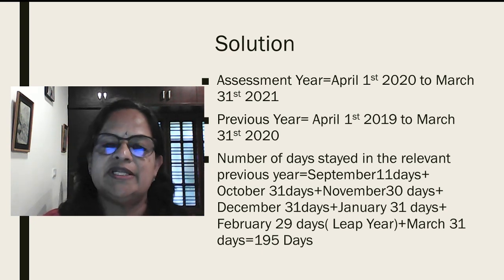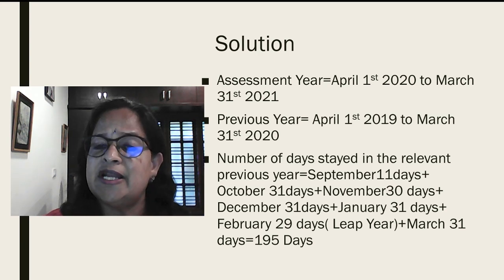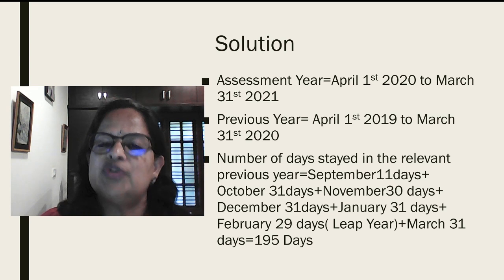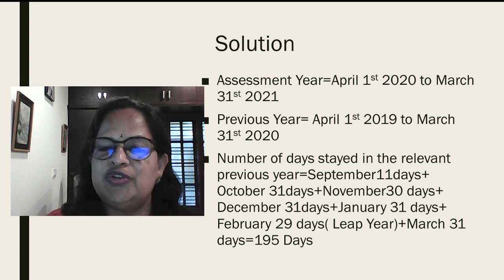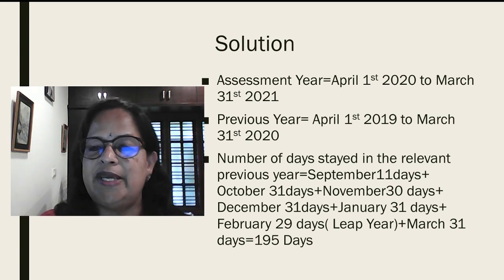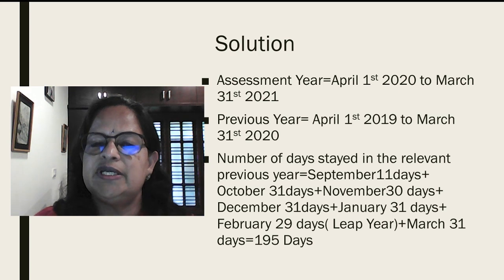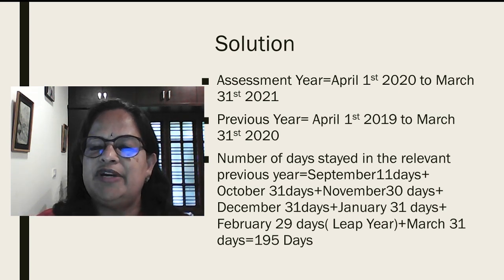January 31 days. February 29 days. This is another important thing: 2020 is a leap year, so you have to remember to take 29 days. In other cases it will be 28; if you are taking 2021, February is only 28 days. Now March is 31 days. So in total you get 195 days.